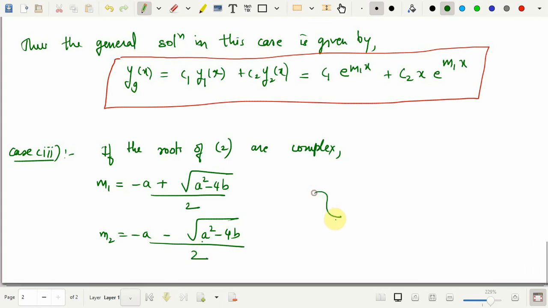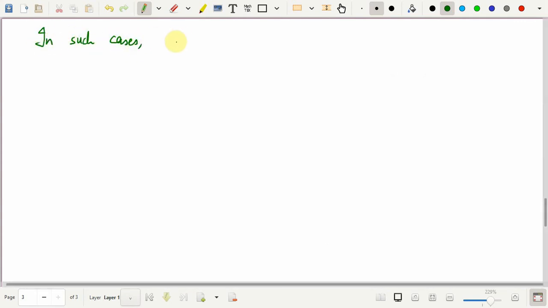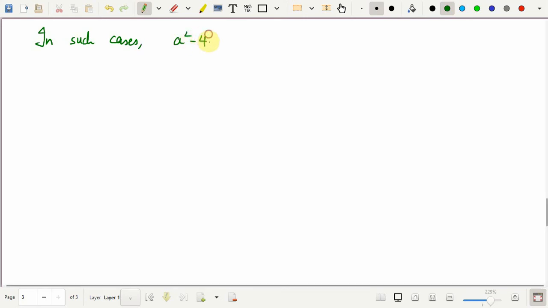I'll call this star. In such cases this discriminant has to be negative, so a square minus 4b is negative.